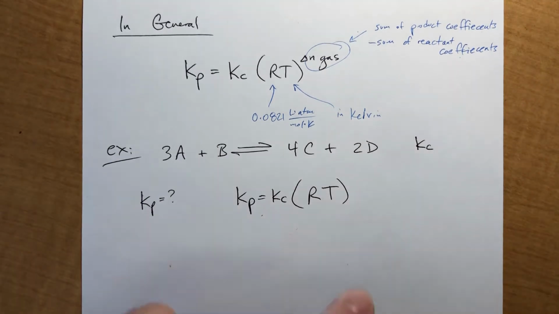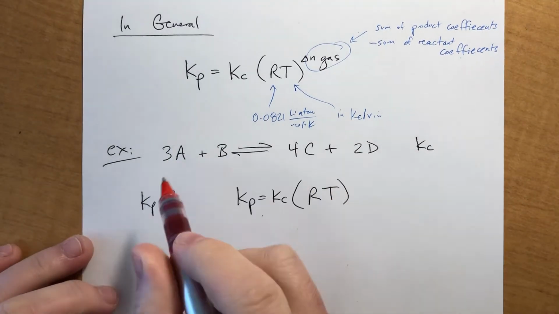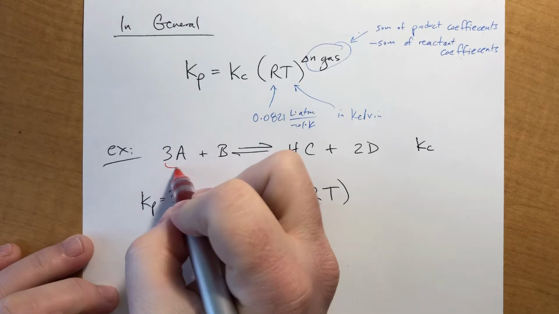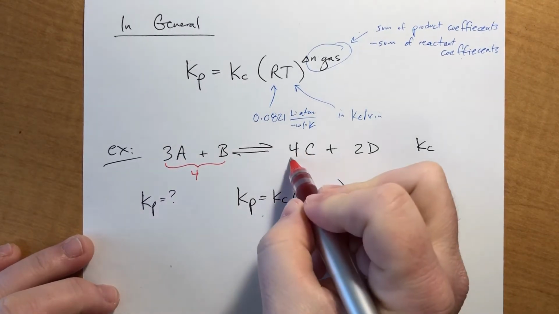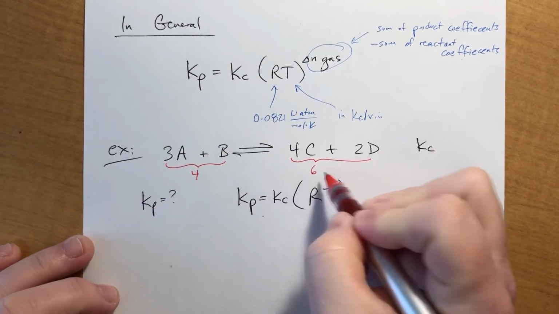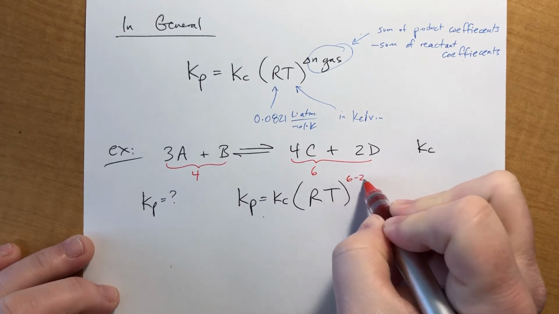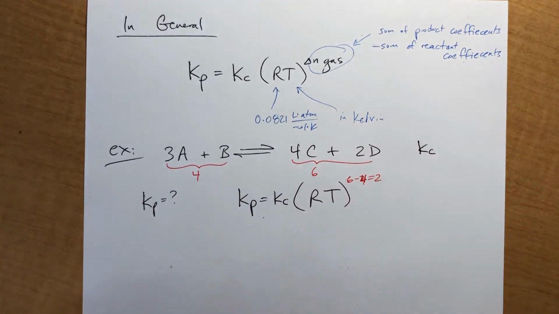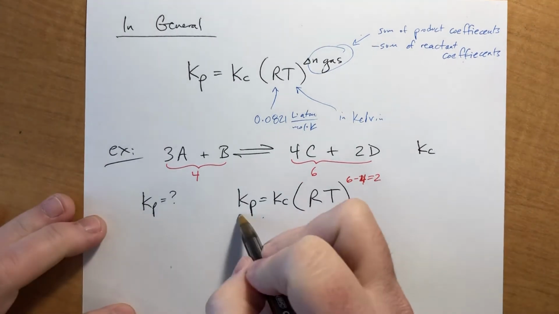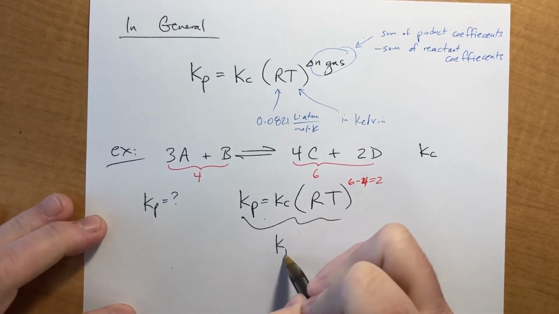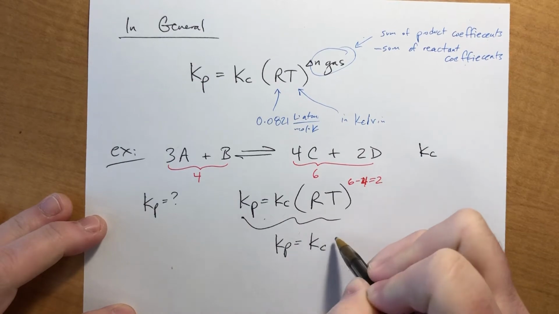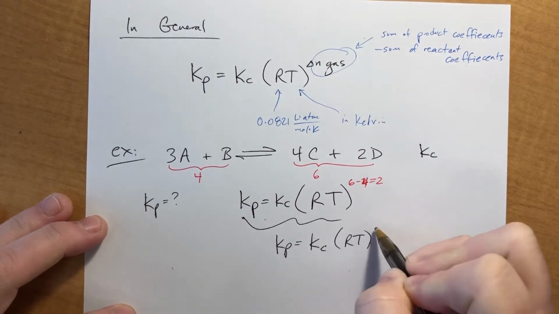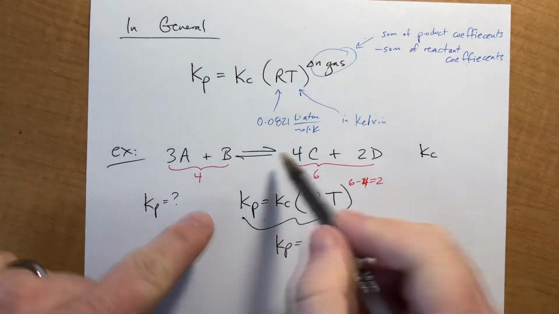That's the weird bit. On this side, we have 3 moles of A and 1 mole of B, so that's 4 moles total. Here we have 4 moles of C and 2 moles of D, which is 6. 6 minus 4 is equal to 2.